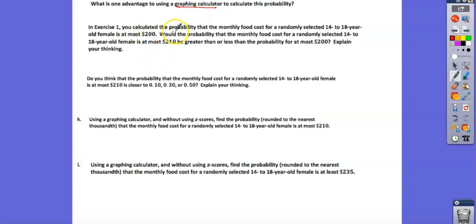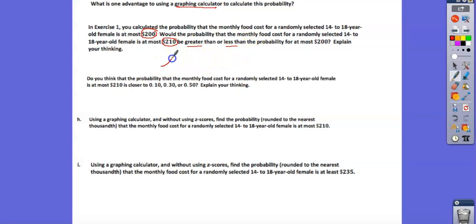In exercise 1, you calculate the probability the monthly food cost is at most 200. Would the probability the monthly food cost for a randomly selected household is at most 210 be greater than or less than the probability for at most 200?